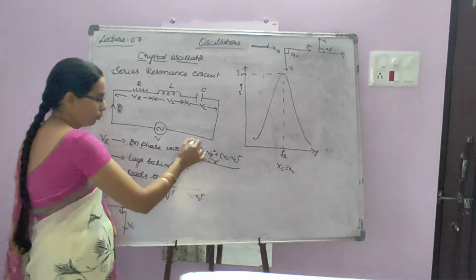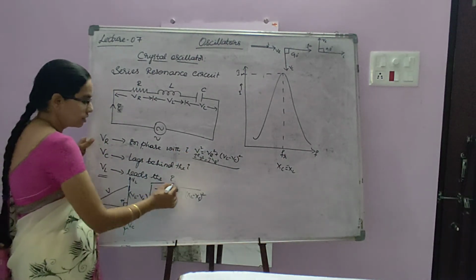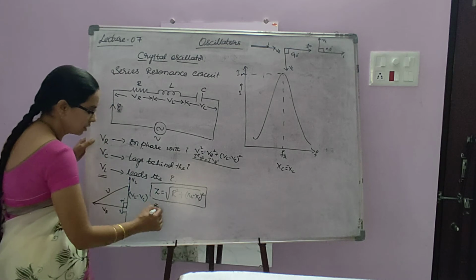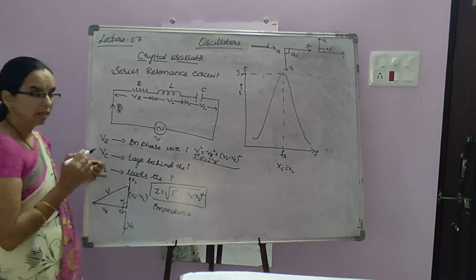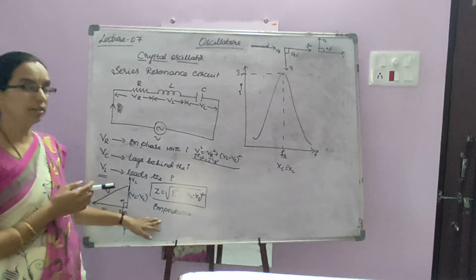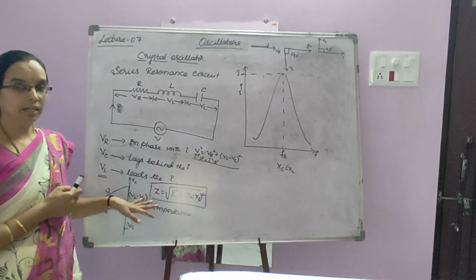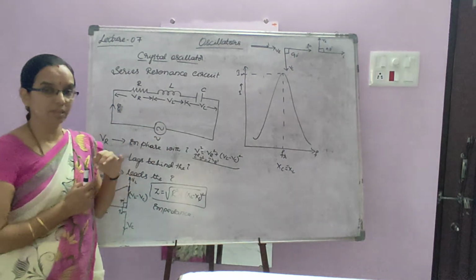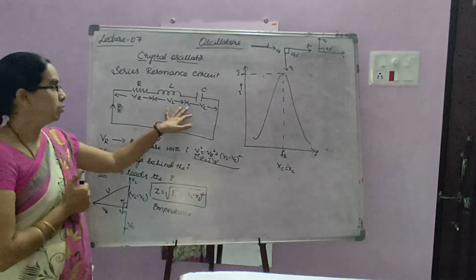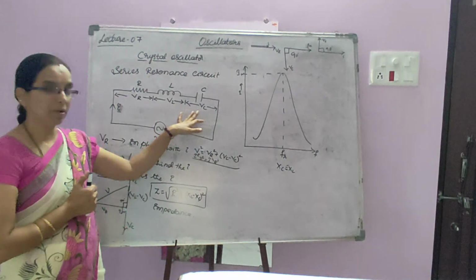If I do that, then for Z, that is impedance, which is the opposition offered to the current by the resistance as well as the reactive elements. Here the reactive elements are the inductor and the capacitor.